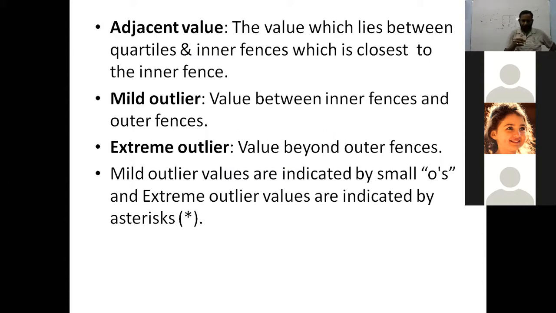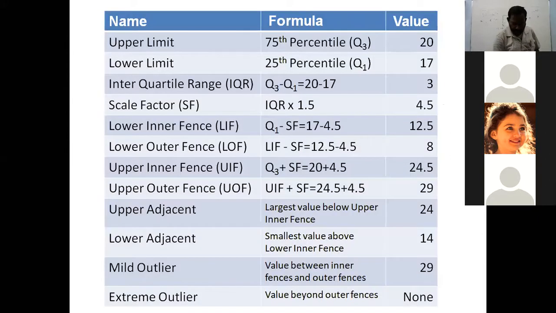Right? So do we have a mild outlier in our example? Yes, we have a mild outlier, only one. What is the value of the mild outlier? Anyone? What is our inner fence? Look at the inner fences. Inner fence and the outer fence, that is in between 12.5 and 8.